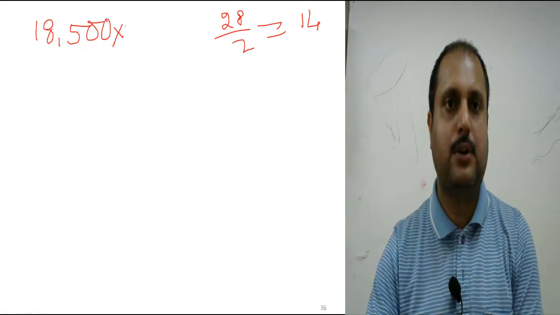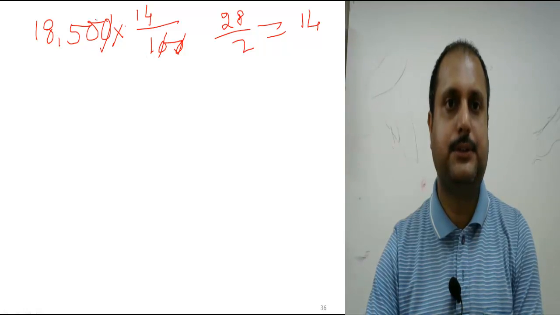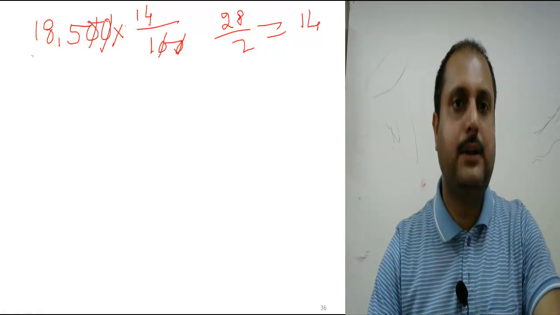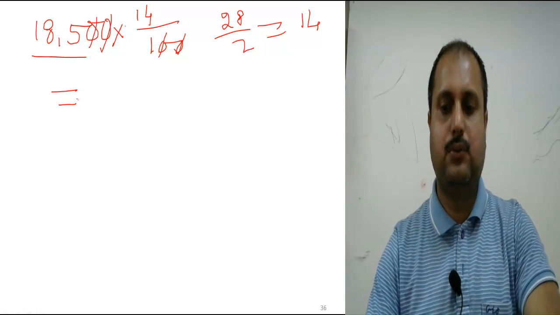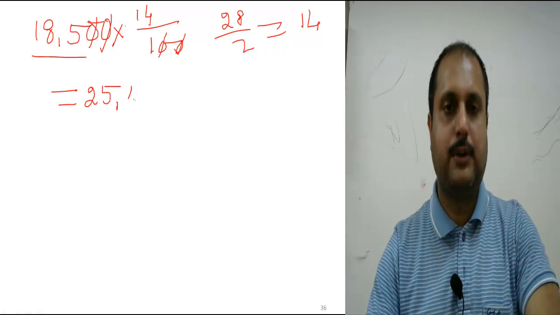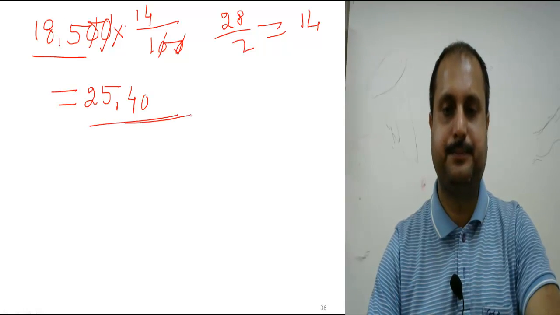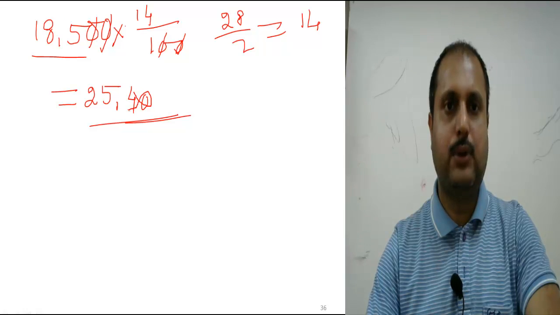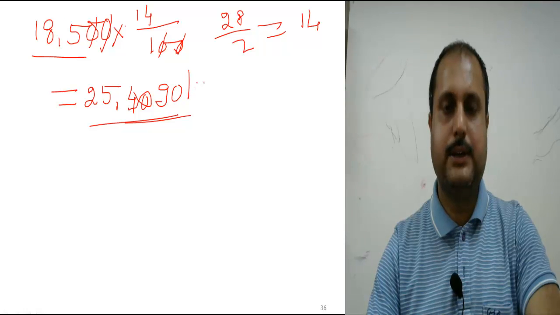So what is 14% of 18,500? The 0s are cancelled. Now 185 multiplied by 14, what will be the amount? The amount would be 2540. Sorry, it will be 2590. 2590 would be the SGST.